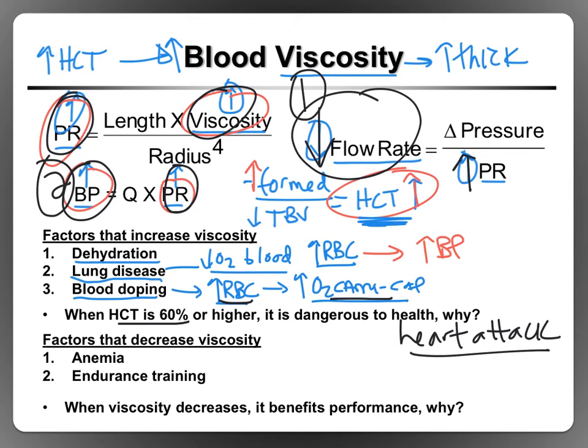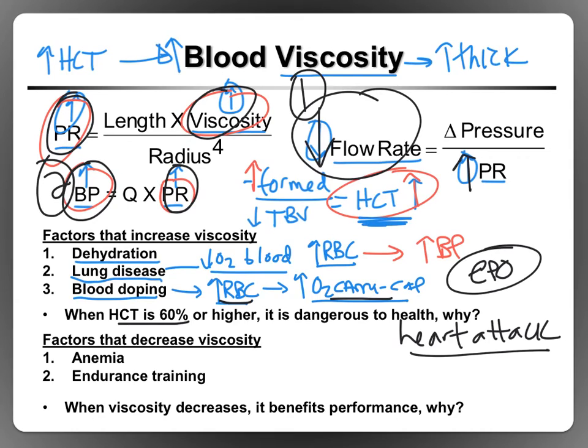Plus, it's not natural. The way that people blood dope now is they use EPO, which is a hormone that produces red blood cells. It stimulates the production of red blood cells. It's given to cancer patients who are going through chemotherapy because chemotherapy kills off red blood cells.